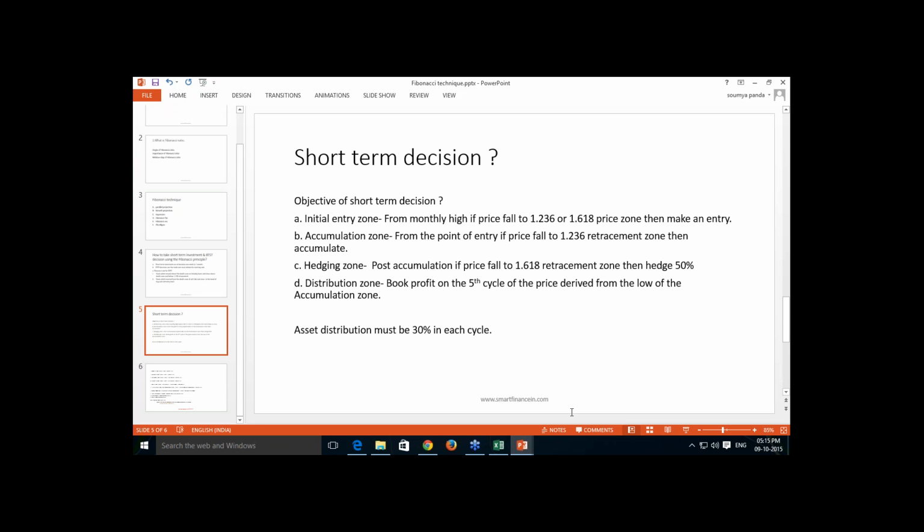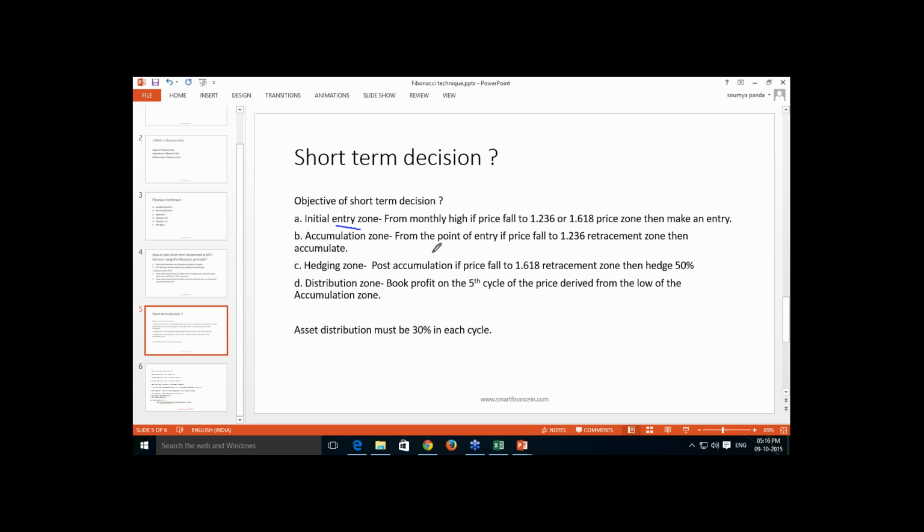So whenever you are entering a short-term investment decision, you have three zones or three different objectives of your short-term investment. One, your entry zone, the initial entry zone, where you should buy. So here only the buying you have to do.